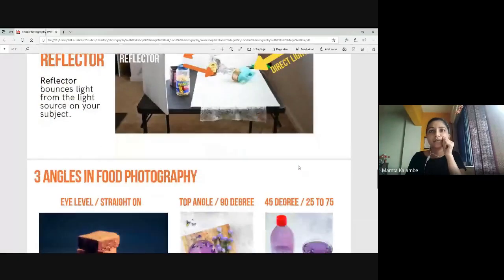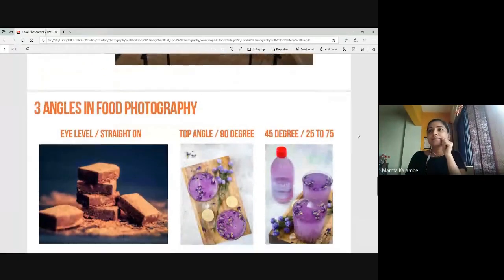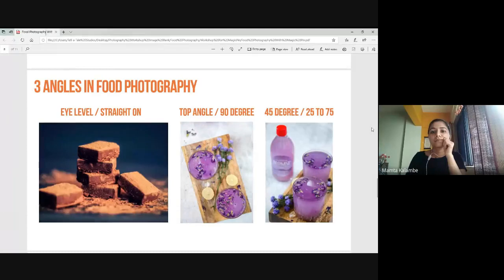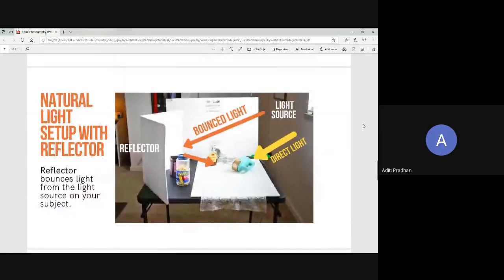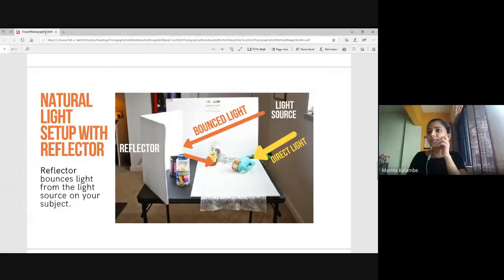So maybe we can move. Guys, there's one. Mute yourselves and then ask your questions. Okay, so there's one question. What can we do in the rainy season for perfect light?